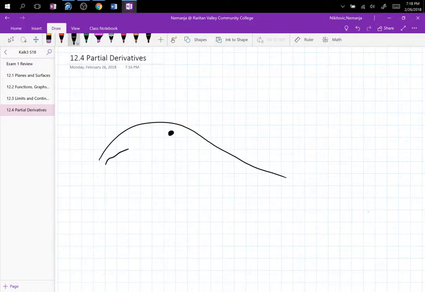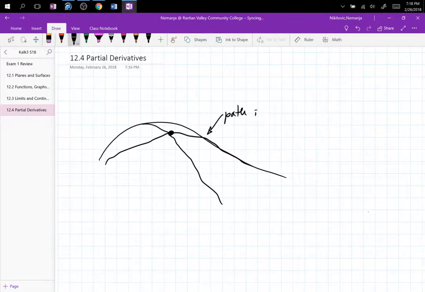And then there is a path that goes this way maybe, and another path that comes in from here and goes that way, right? So these are the paths. So I'll say path in x direction and path in y direction.